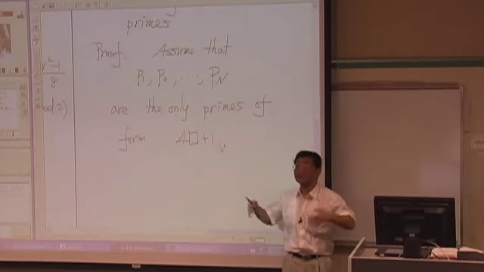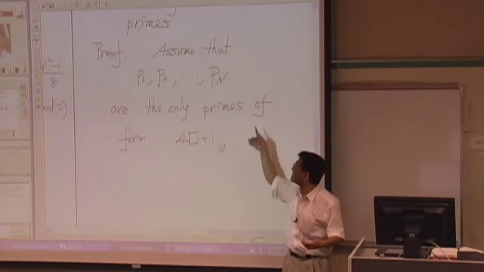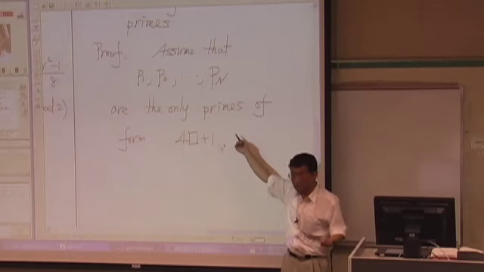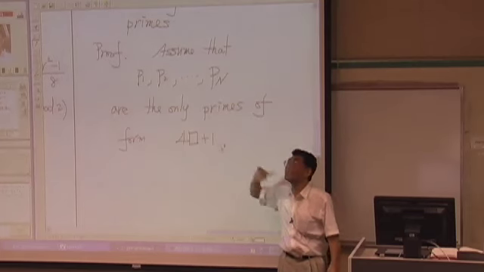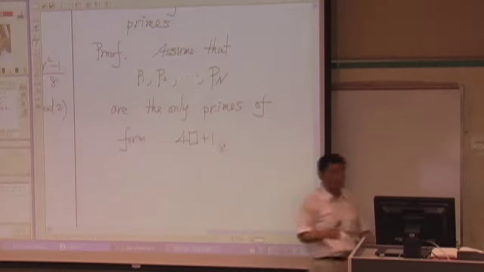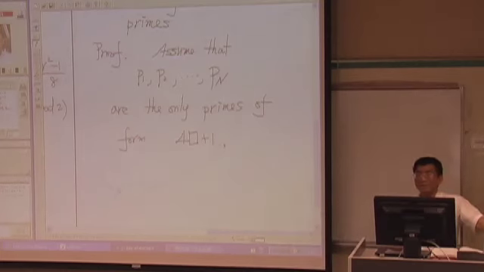Then we will contradict this assumption, meaning this is a wrong assumption. In other words, there are infinitely many primes. So to do it, now I will create a number. My new number can be called Q. So Q is equal to the product of all these numbers, P1, P2, and so on, and then I want to make this pattern.